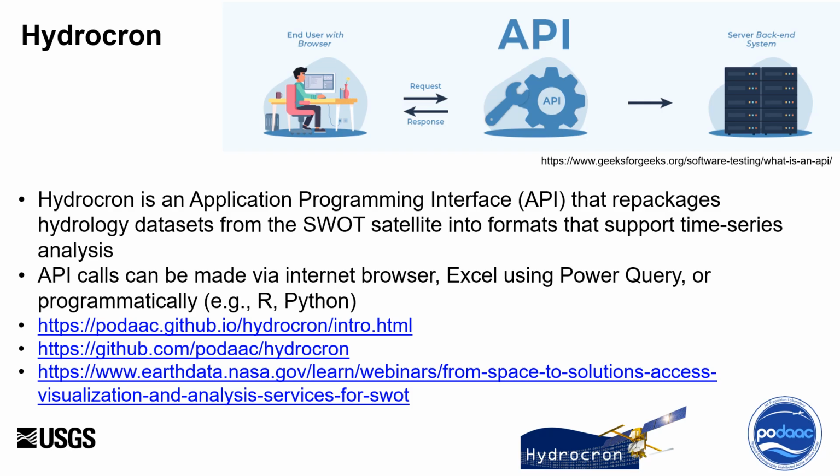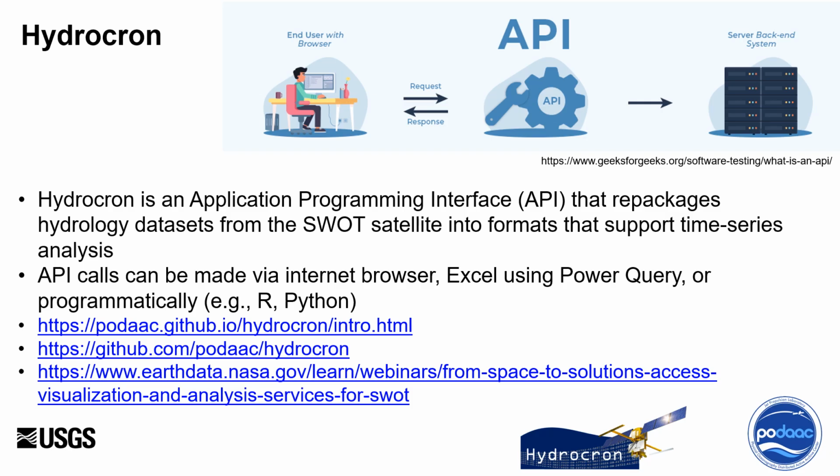Hydrocron is an API that repackages hydrology data sets from the SWOT satellite into formats that support time series analysis. Currently, to download data directly through NASA, you have different shapefiles for each river overpass, but instead we may be interested in time series data that we can open in tabular form, for example.